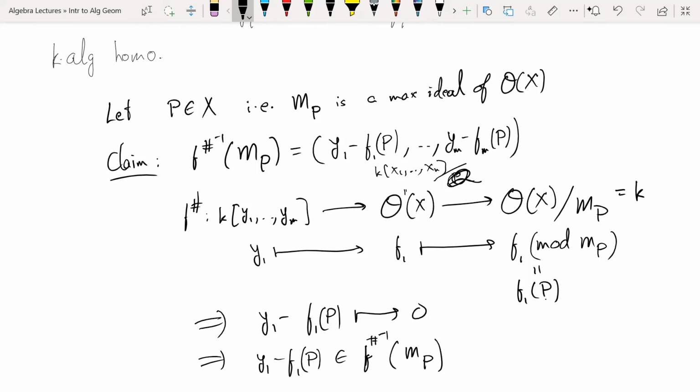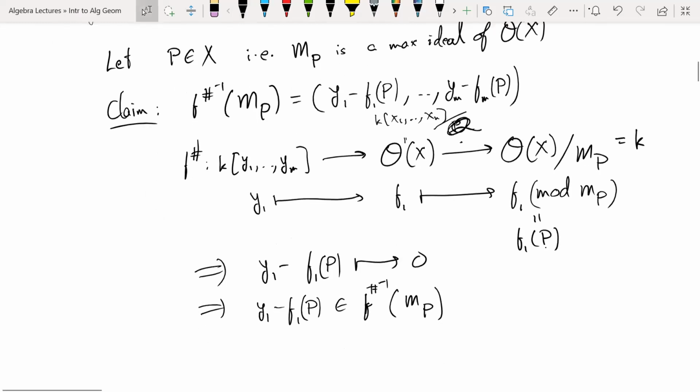The kernel of this map is mp, so the kernel of the whole composition is the inverse image of mp. And the same thing you can do with the others similarly for i greater or equal to 1.